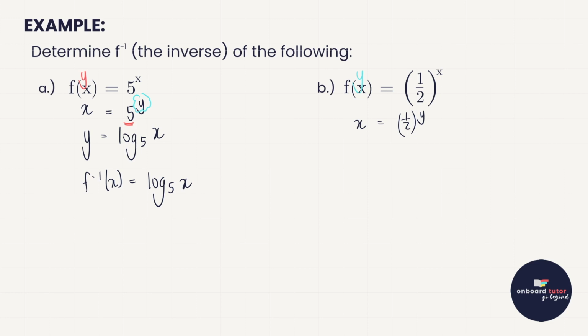And now we want y to be the subject. So we're going to say y is equal to log base a half of x. And there you have it. So our inverse, f to the minus 1 of x, is equal to log, you can write base a half or 0,5, of x.